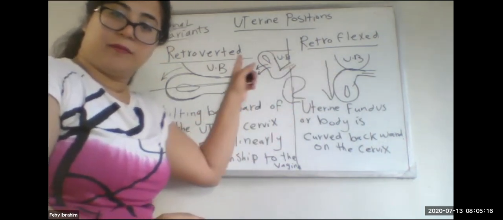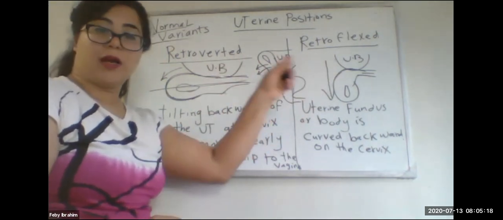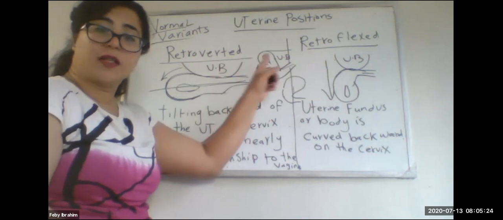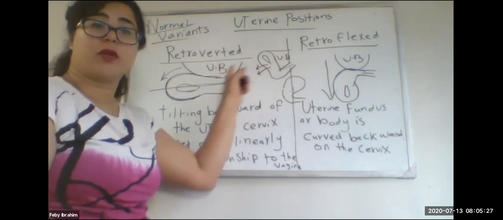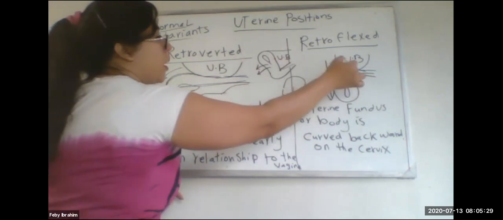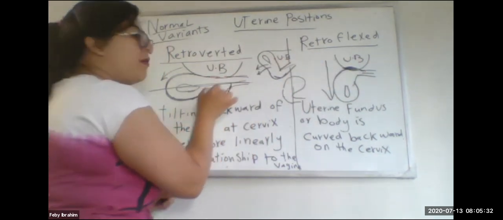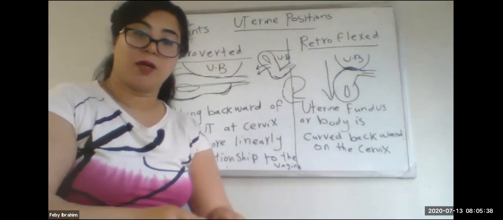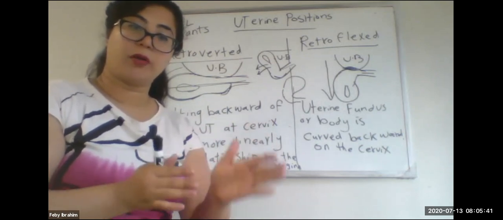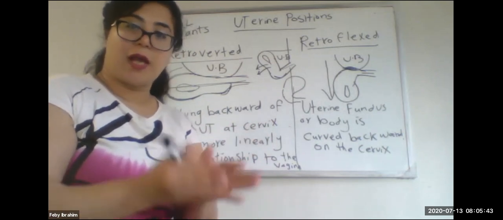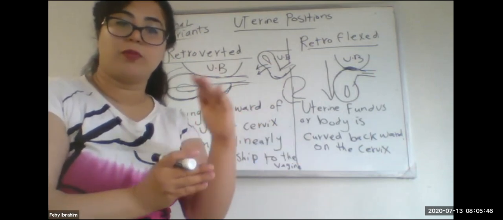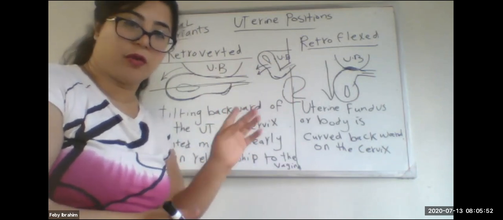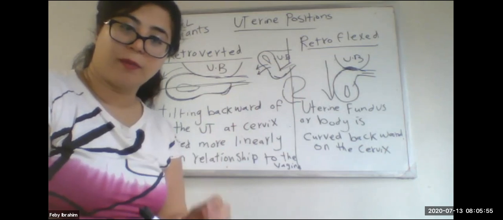If you compare the four positions that we have now, you're gonna see the cervix is located in the same place for each one, because the cervix is not movable. Remember when we mentioned the isthmus is the most flexible part of the uterus, and the uterus may bend anteriorly or posteriorly at the level of the isthmus, but the cervix, no. The cervix is firmly supported.